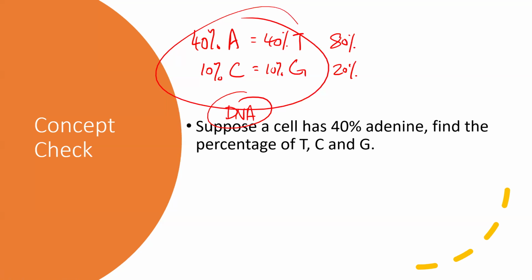Okay. We'll do one more. Let's say we have 35% C. You do it, and then figure out the rest. I'll take it up in a minute.